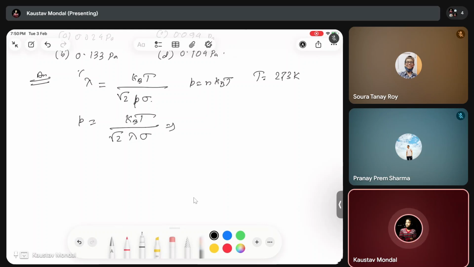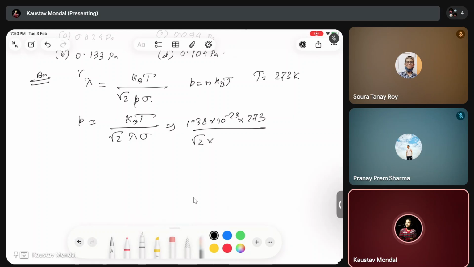So now you can easily calculate the same way: 1.38 into 10 to the power minus 23, temperature is 273, root 2 we know. Lambda is 10 centimeter, it needs to have 10 centimeter, converted into meter because everything is in SI units.